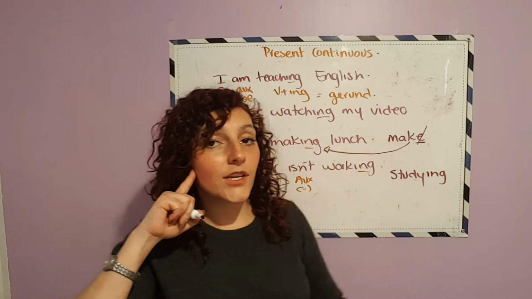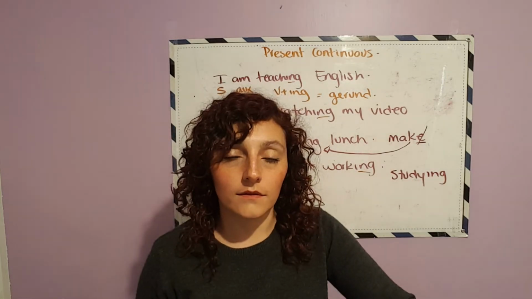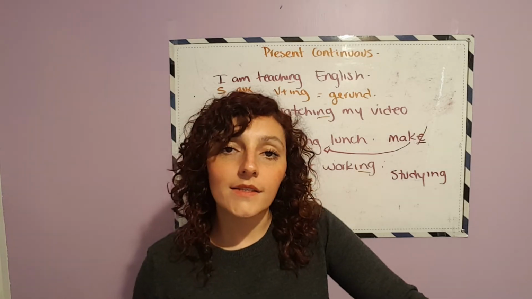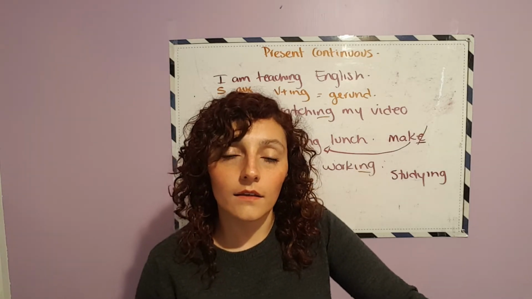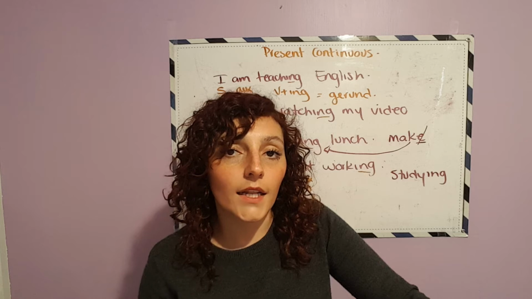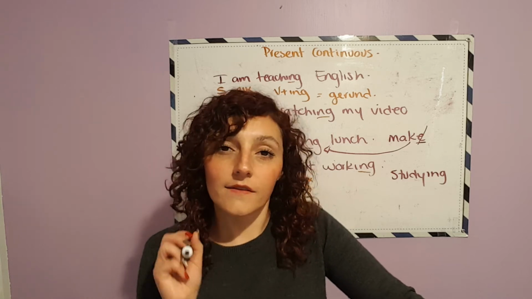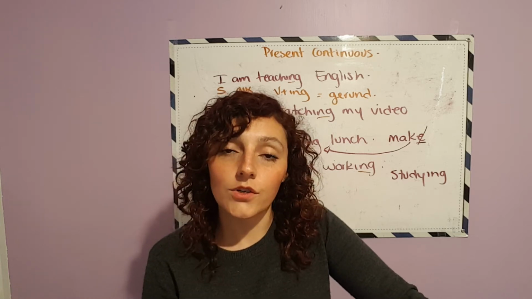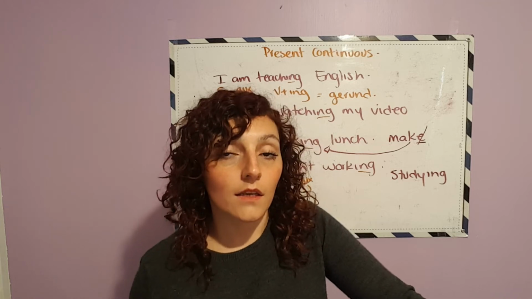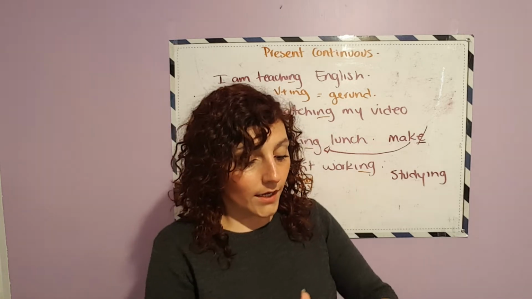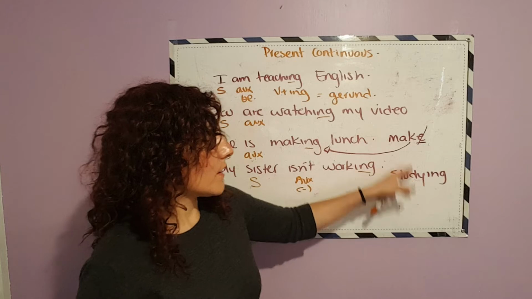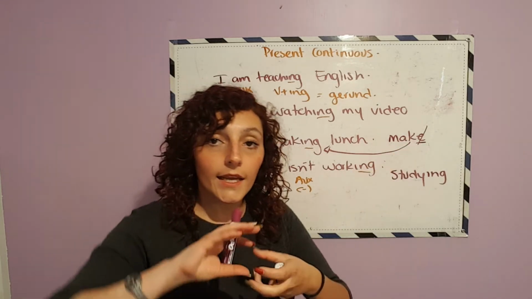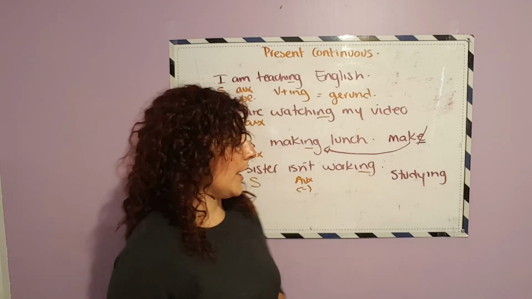And the pronunciation is not studying. The pronunciation is studying. There are two sounds, studying, right? It is very important you practice pronunciation because it's part of your learning, studying, okay? So these are specific examples of some verbs and how you modify them, okay?